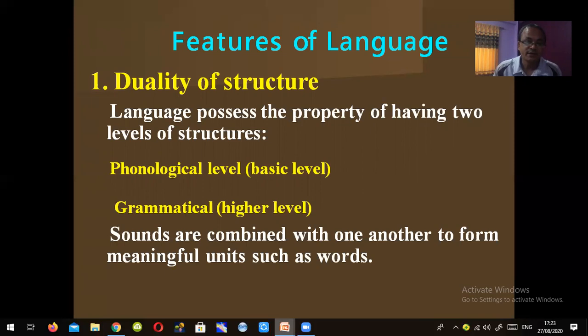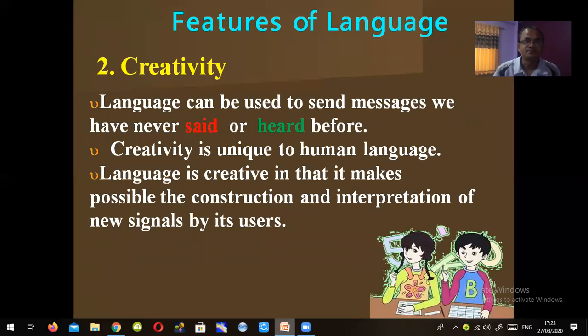But we are talking here about grammar level. So sounds are combined with one another to form meaningful units such as words. And we have to negotiate the position of words to find meanings. So at least two levels are imagined in any language: phonological level and grammatical level.